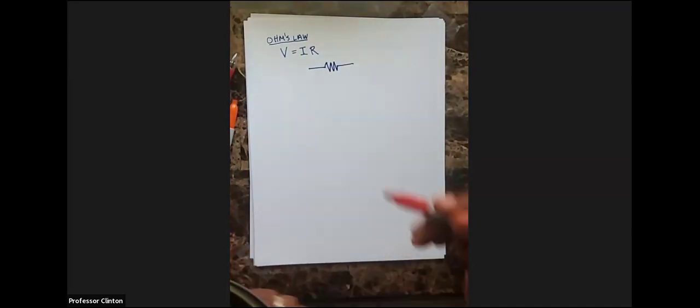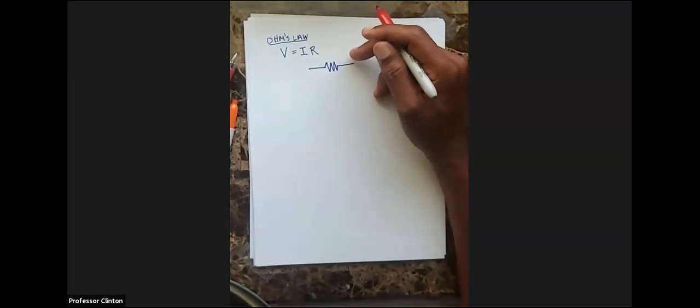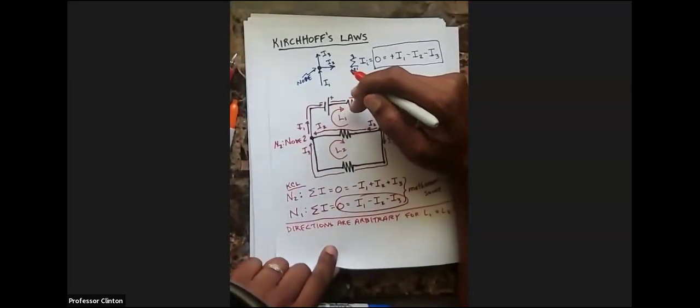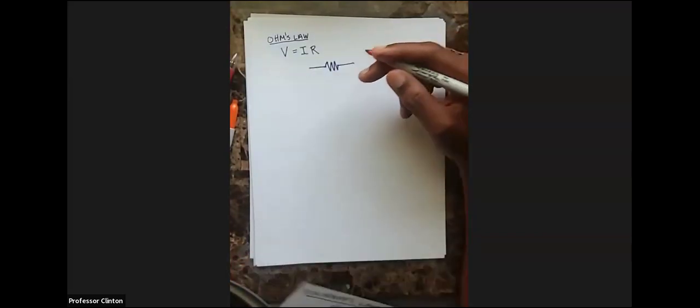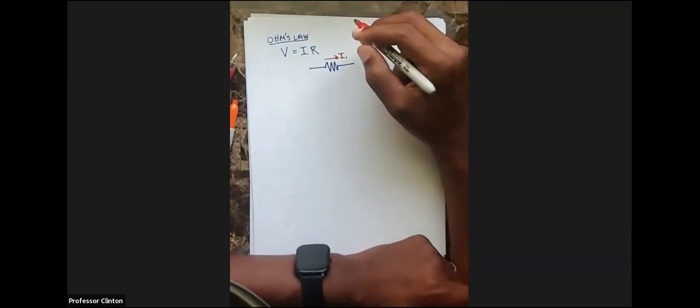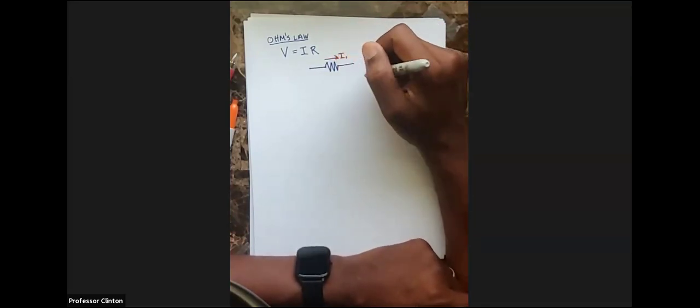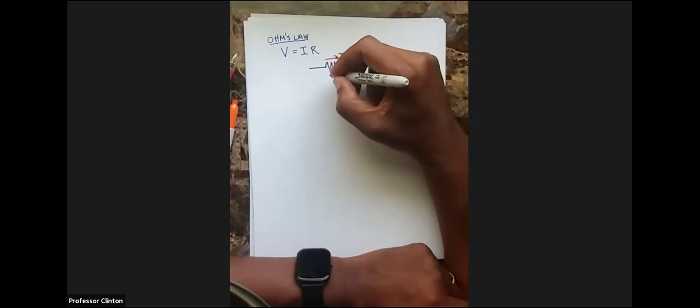Let's just say we had this current here across this resistor, and we called it I1. We deemed that across this resistor it was moving to the right, if you will.